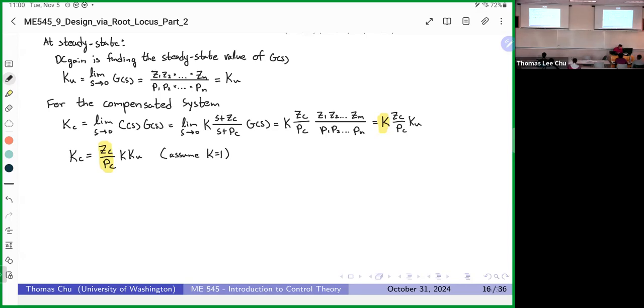And actually, I think the textbook doesn't do a great job at this, so I am going to rewrite this a little bit. I'm going to put that K into the G here and take the K out instead.